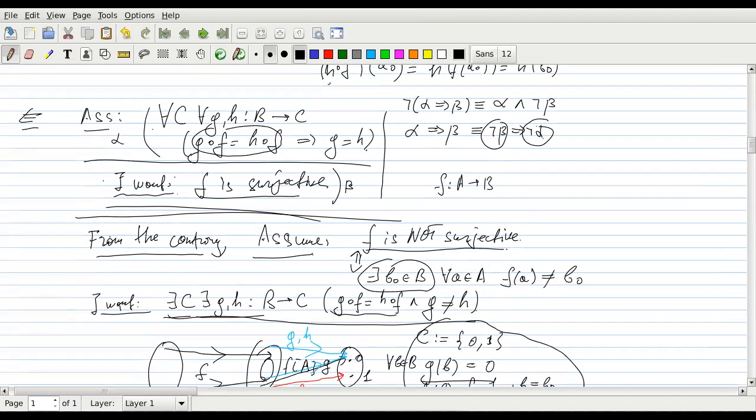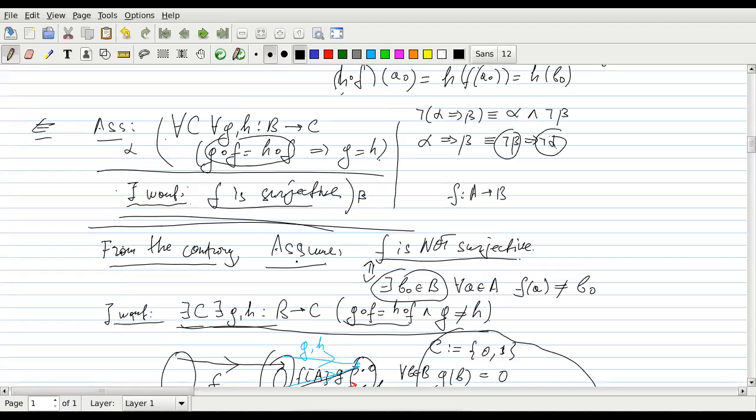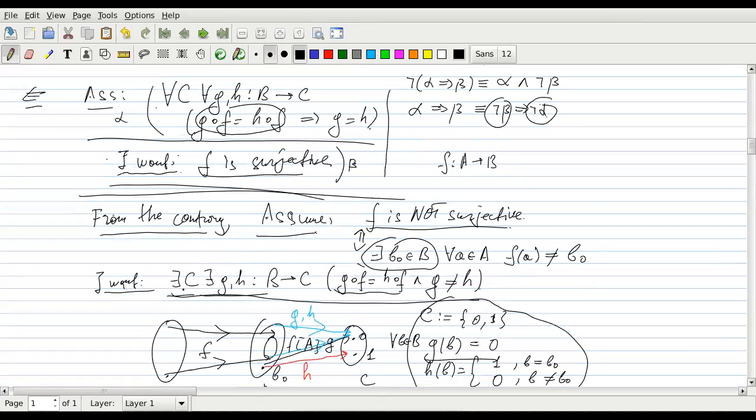First of all, we transformed our assumption and our required goal, so that we have assumed that our goal failed, and then we were required to prove the negation of our assumption. So we argued from the contrary. Is it clear?